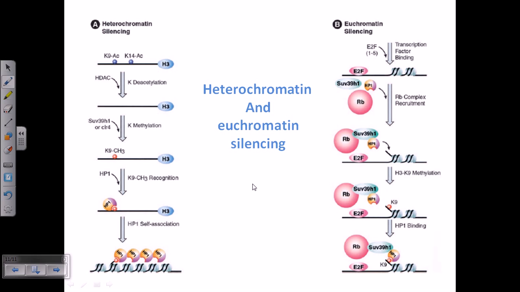So here, on the left hand side, we have the heterochromatin. Usually we don't need the expression of heterochromatin, but we need the expression of euchromatin. But in certain conditions we also need to block the expression of heterochromatin, because there are two types of heterochromatin: obligate heterochromatin and facultative heterochromatin.